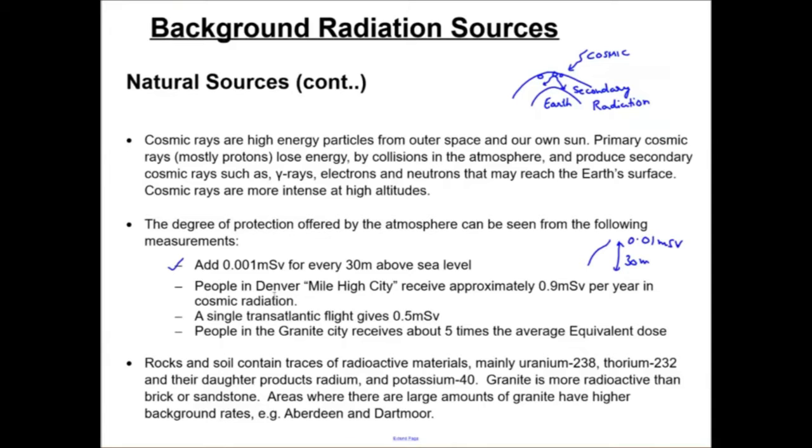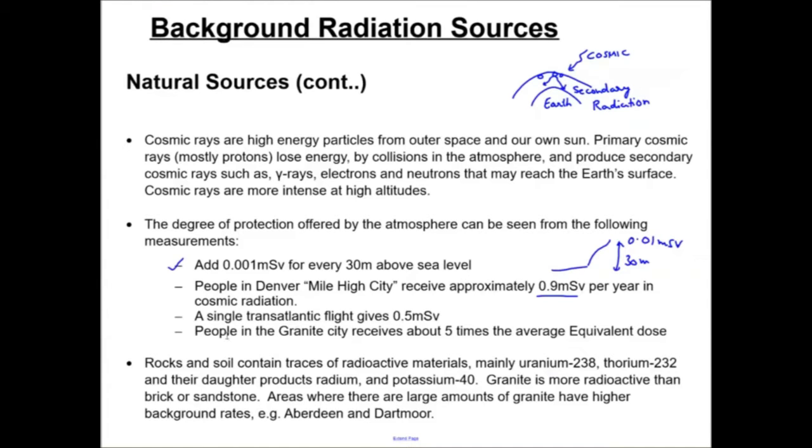So people in Denver would receive approximately 0.9 millisieverts per year in cosmic radiation, a higher dose than people living on or near sea level or at a lower altitude.